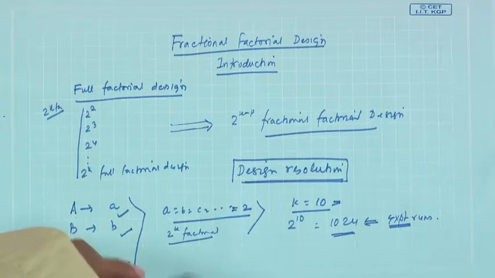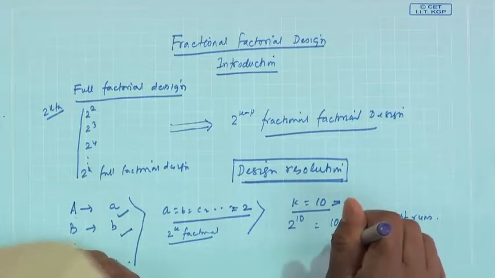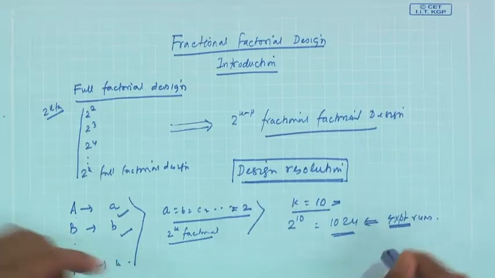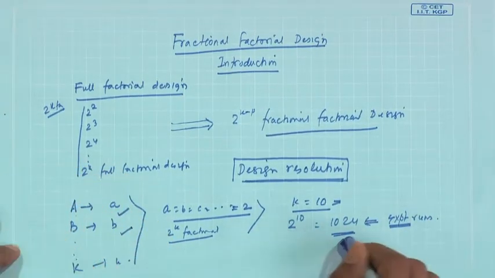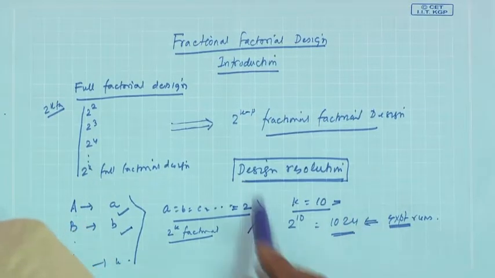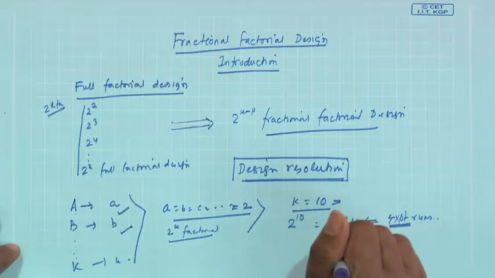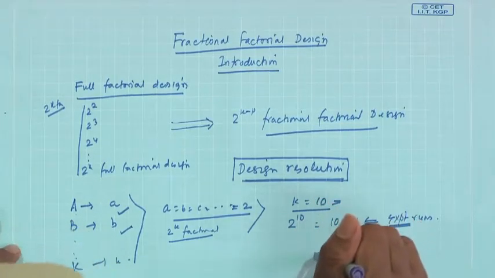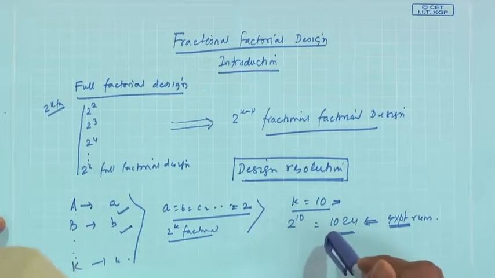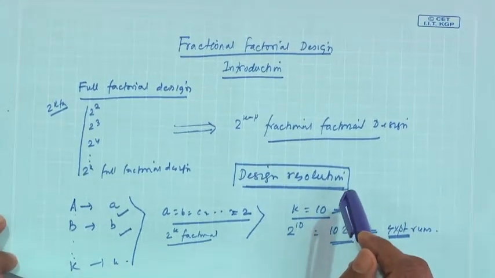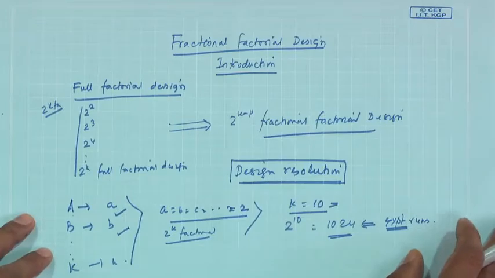So, that means here also there is a problem for physical experimentation. So, what do you require to do? Is there any other way to reduce the number of experimental runs without losing much of the information that we want to achieve or the objectives that we want to accomplish?